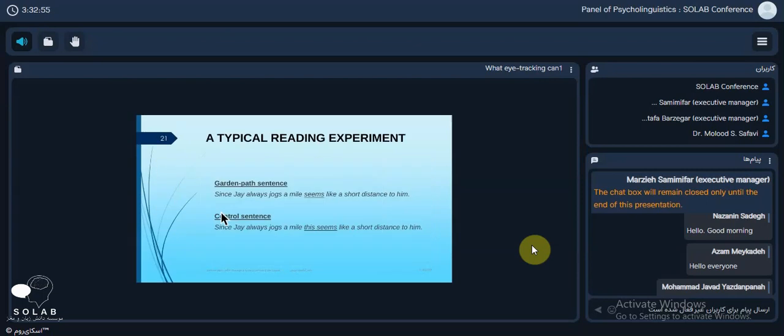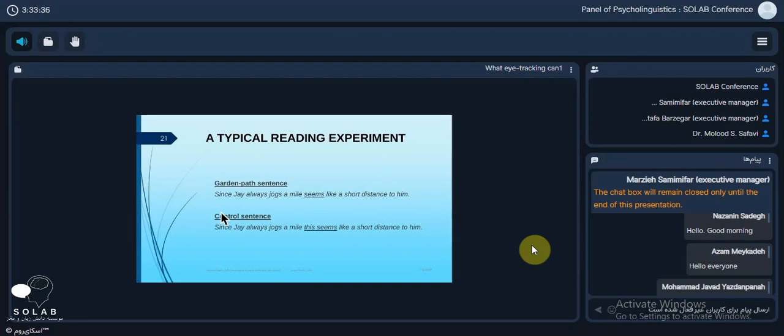What happens in typical reading experiments? It's very interesting if you can follow me in this small study. We have garden path sentences. I should mention another thing here and remind you: in a task design, for each sample, for each target, for each question, and for each event, you need a control. In cognitive science, everything should be compared.